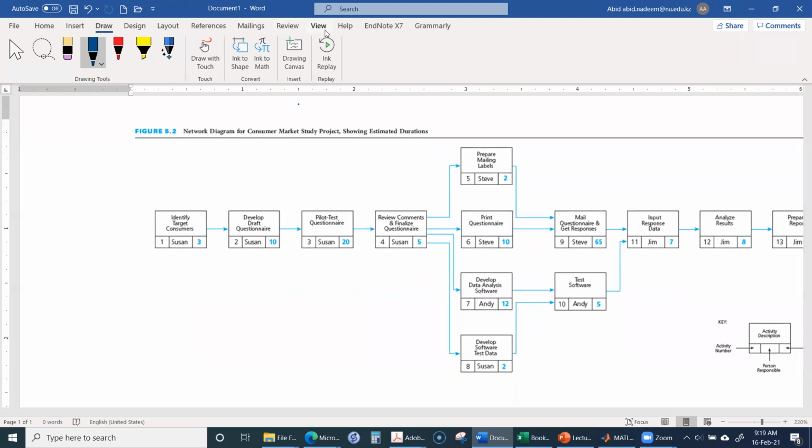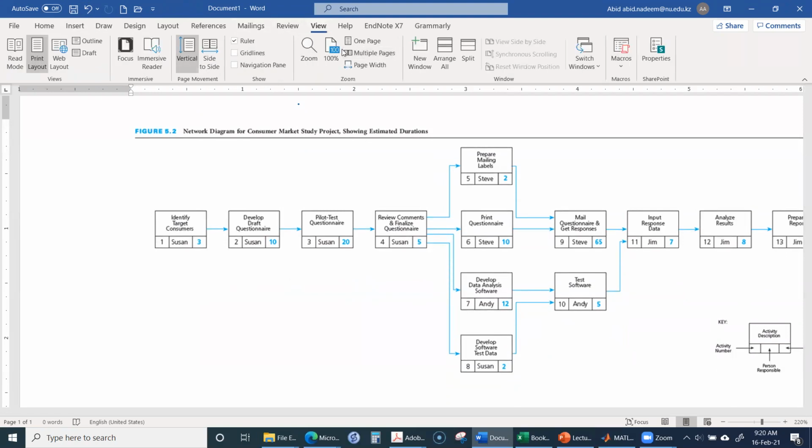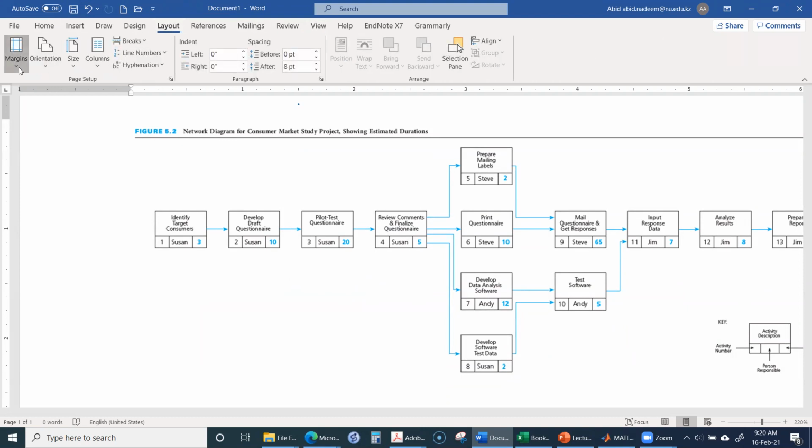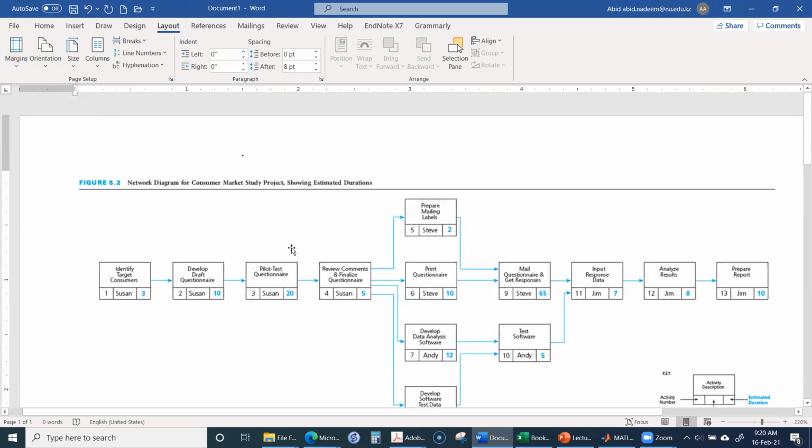Let me make it a little bit more layout, margins and then narrow margins. I think this way we will have some more space.